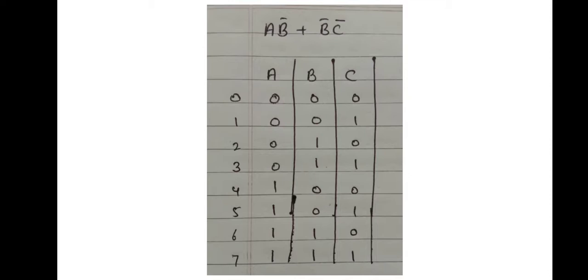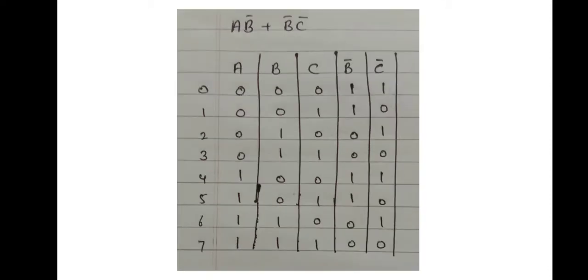Now what next? In the next columns, we check whether our expression contains any variable in complement form. According to our expression, two variables, B and C, are in complement form. So we have created one column representing B naught and another representing C naught. How is B naught created?